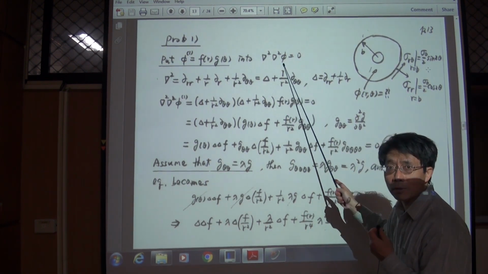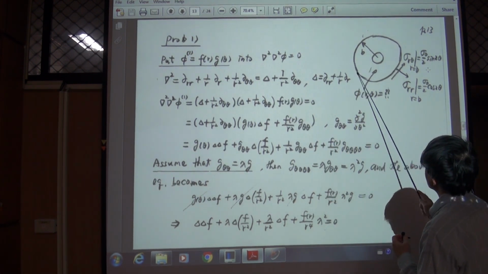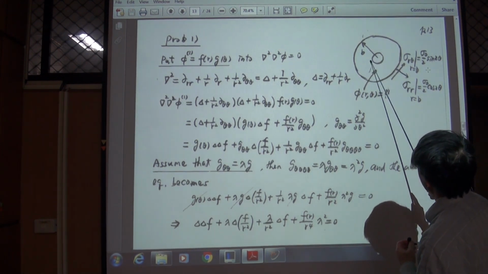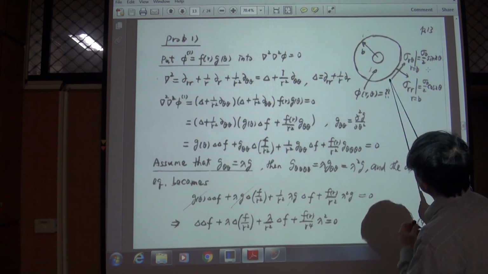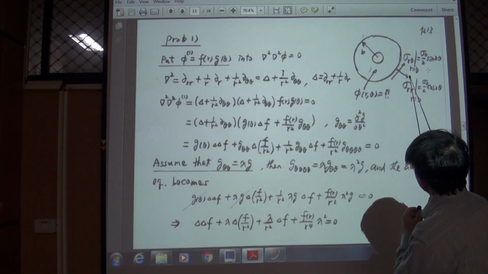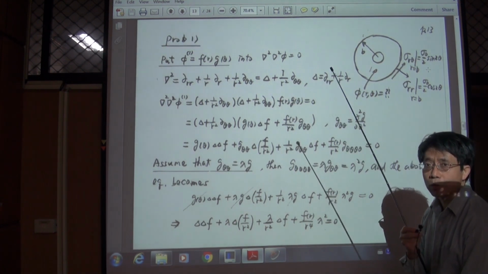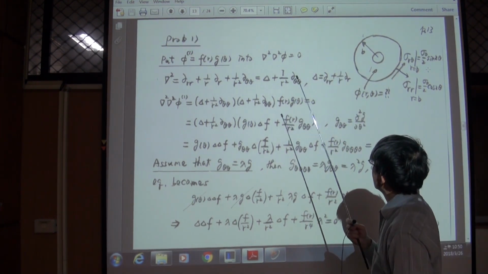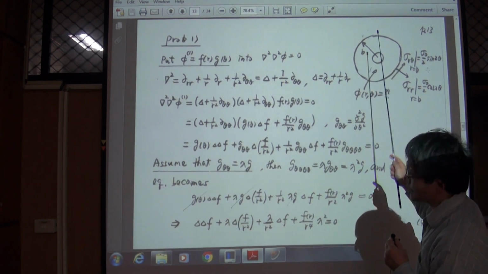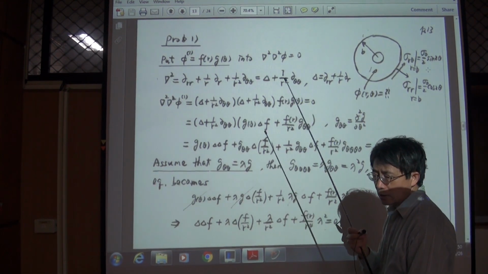This is the biharmonic equation, and this is the circular plane with a circular hole. Some periodical traction is applied on the outer boundary of the circular plate, and inside the small circular hole, it is traction free.